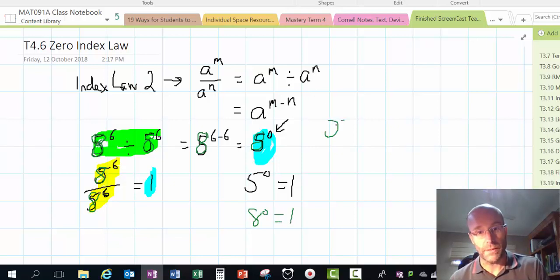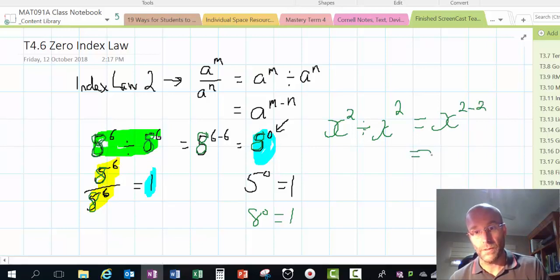We could try it with x. The power doesn't have to be 6, so x to the power 2. X squared divided by x to the power 2 is x to the power 2 minus 2, which is x to the power 0.